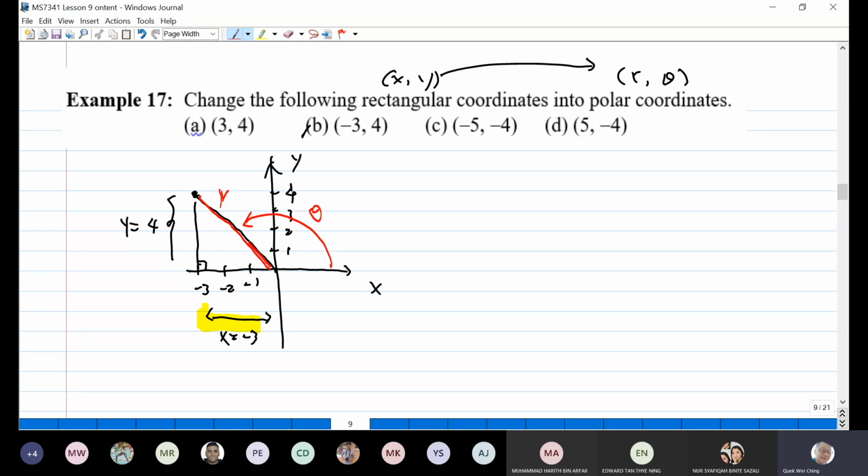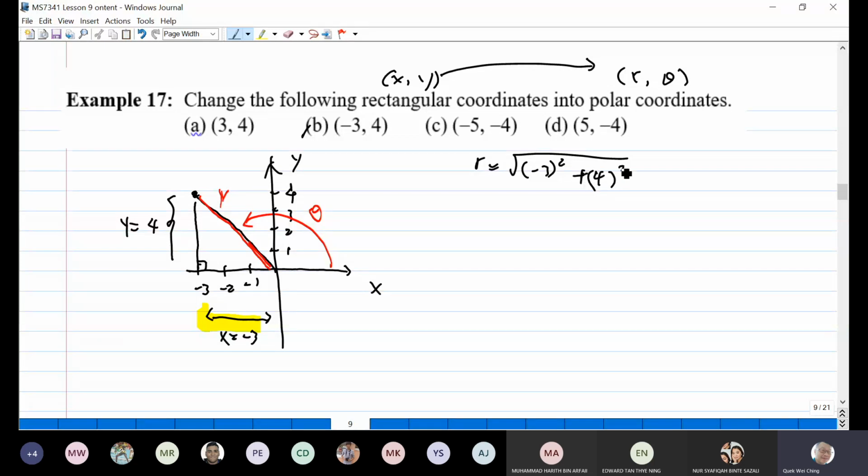So let's try to find out r first. R is an easy one. So r is equal to, how to find? Okay, right angle triangle, right? So you get actually minus 3 square plus 4 square, right? x and y.